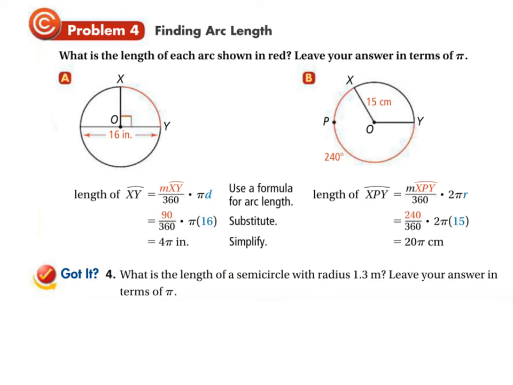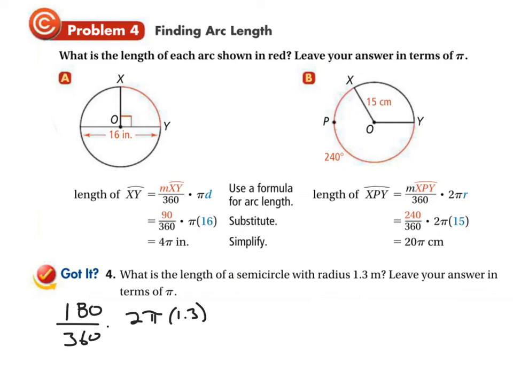Okay. So what we want to do to calculate this is we say that the semicircle will be equal to 180 out of 360, which by the way is equal to 1/2, times 2 pi r. I'm using 2 pi r instead of pi times diameter because they gave us the radius. And of course, we know what the radius is, so I'm going to plug that in here, times 1.3.